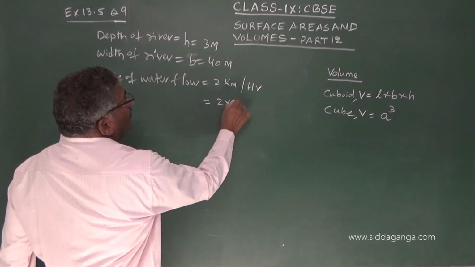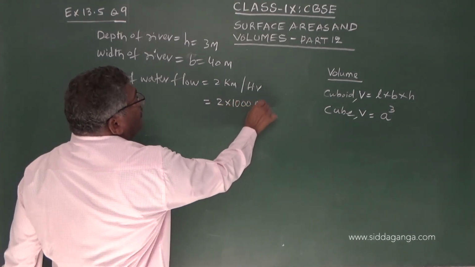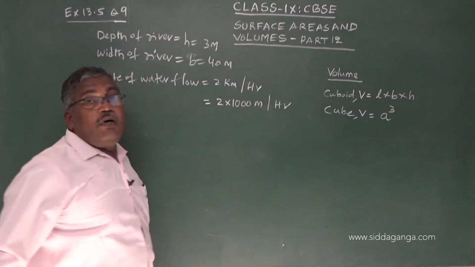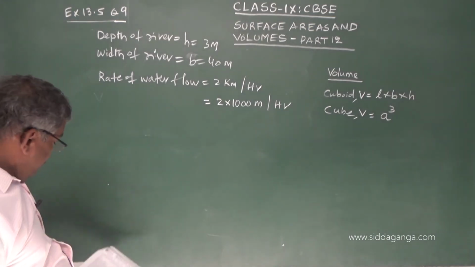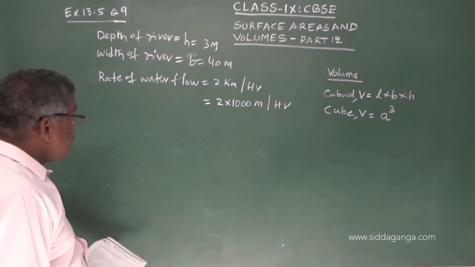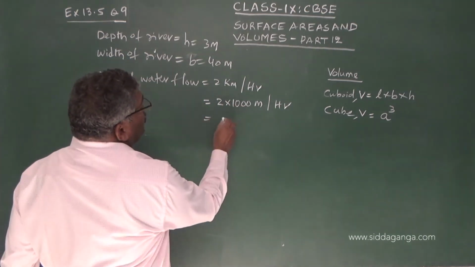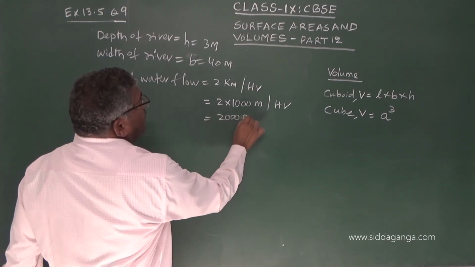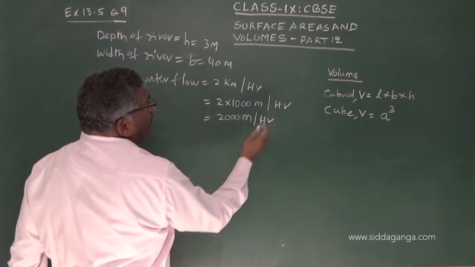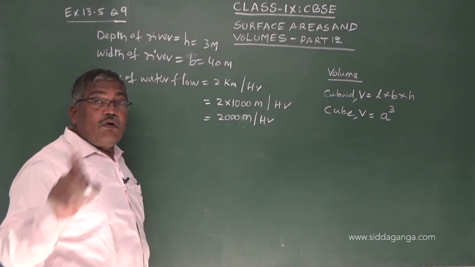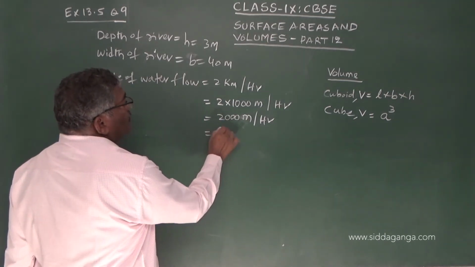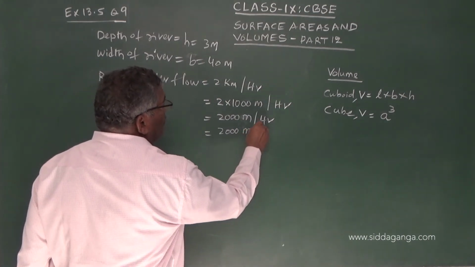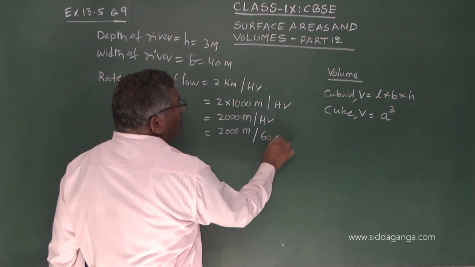So therefore 2 into 1000 meter per hour, that is 2000 meters per hour. If I want to convert that into minutes, 2000 meters per 60 minutes.